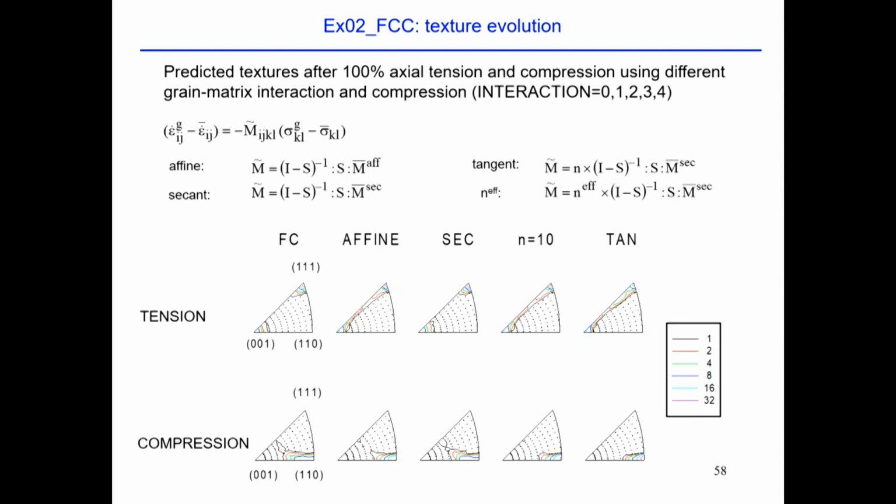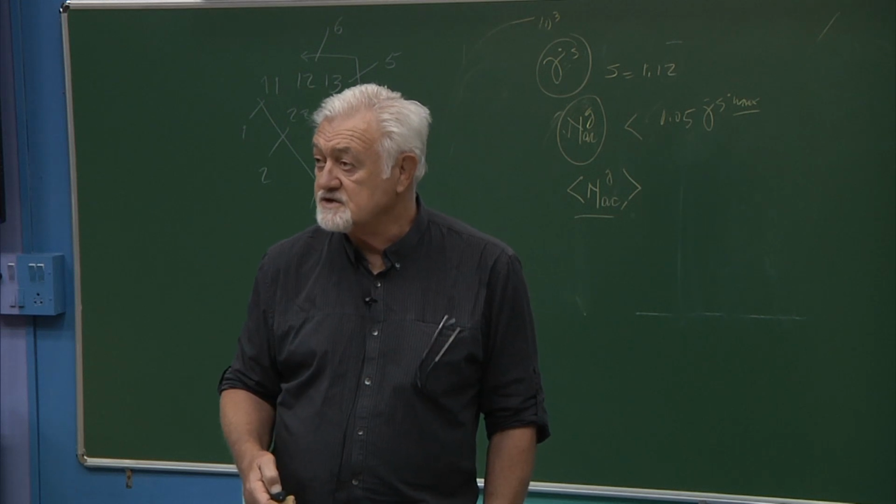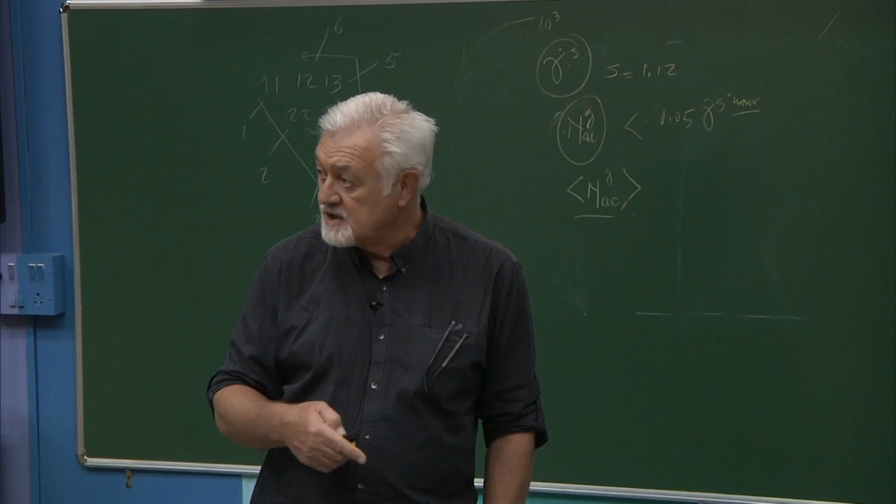Now, you can also access information about this. There is a file where you can look at the deviations of each of the stress and strain components, the deviation with respect to the average.